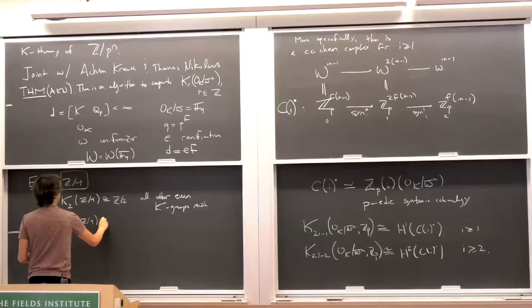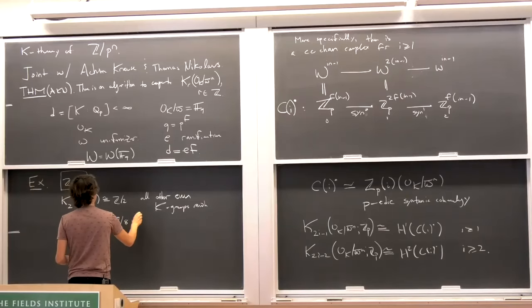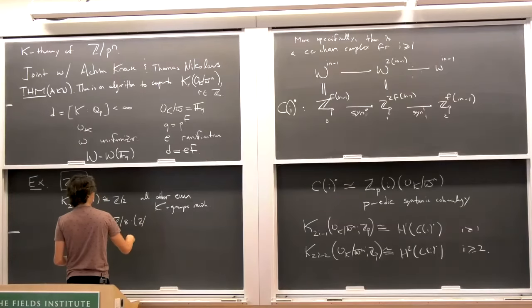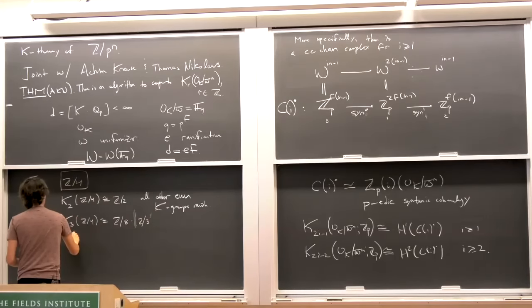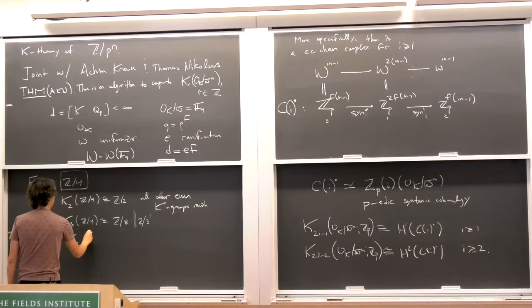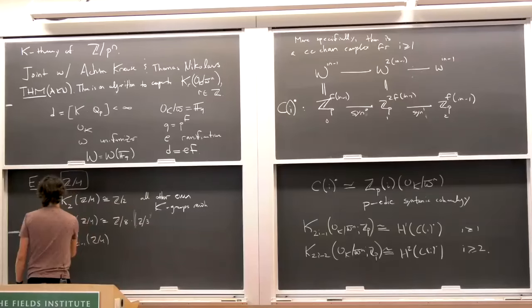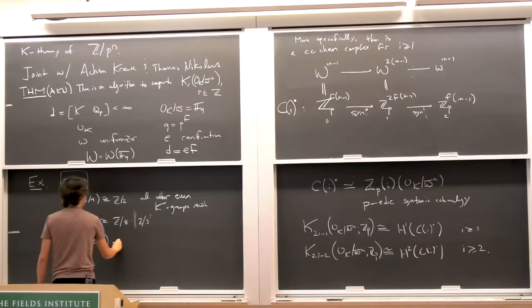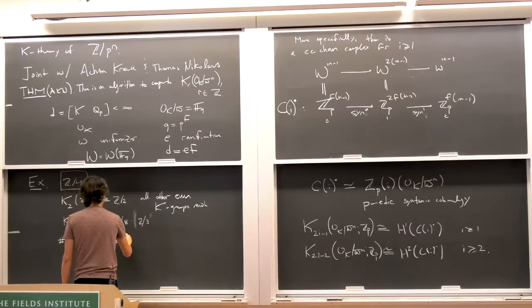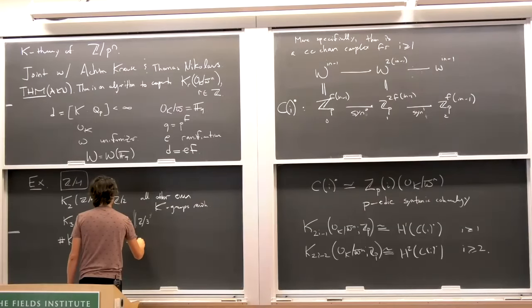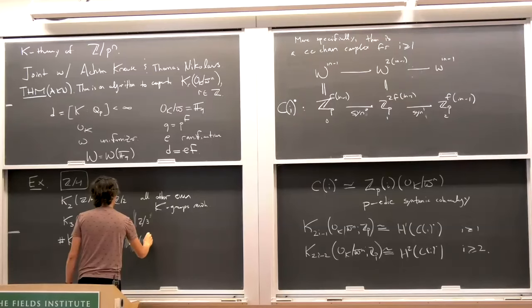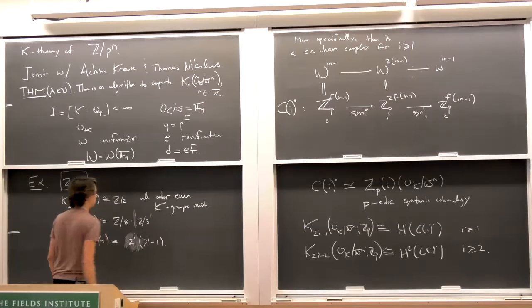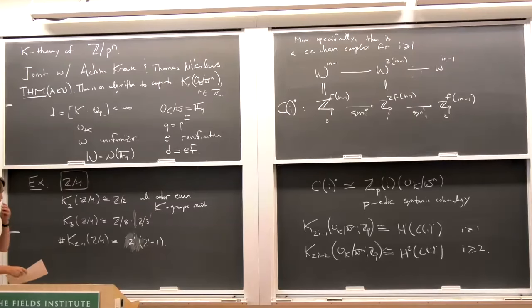K3 of Z mod 4 turns out to be isomorphic to Z mod 8 times Z mod 3. And then for all of the other groups K_{2i-1}, we don't know the exact structure, but we know the 2-primary part has order 2 to the i, and the prime-to-2 part is computed by Quillen and is cyclic of that size.